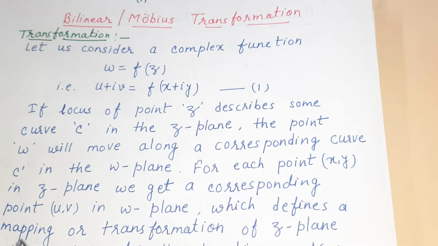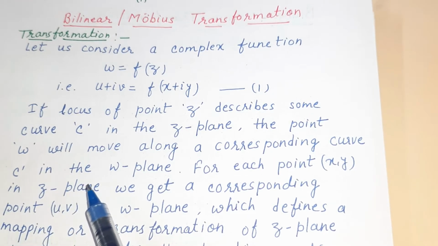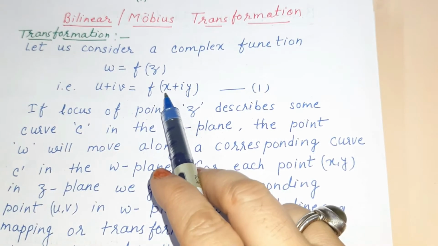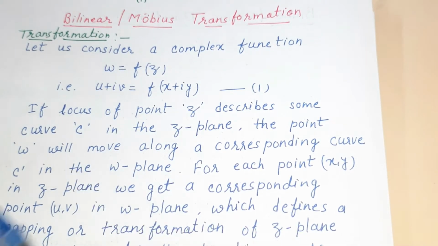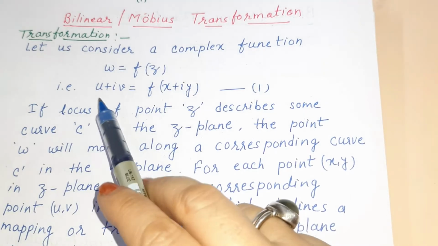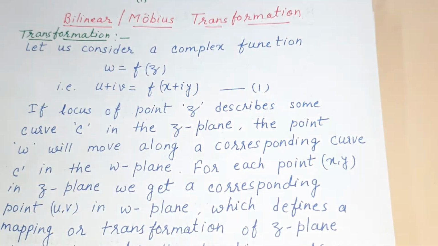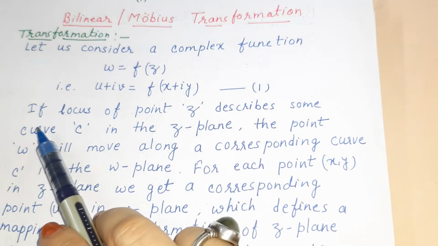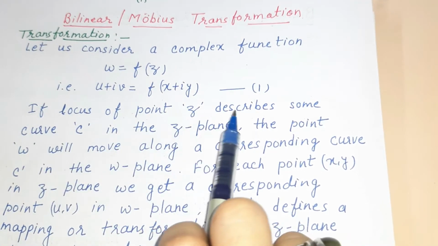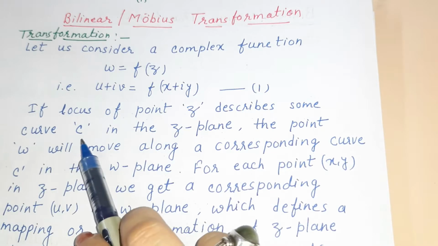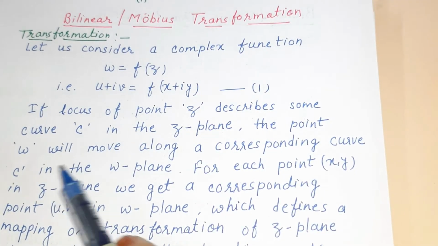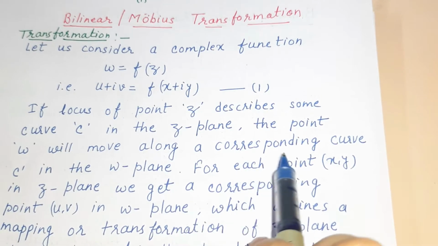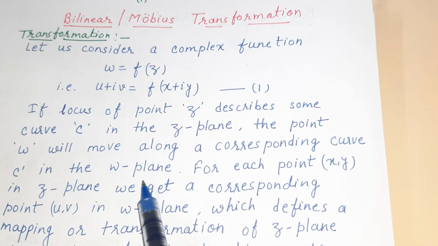So what we do, we take two complex planes. One plane is the z plane for the function z = x + iy, and the other is the w plane for the function w = u + iv. Now see, if the locus of point z describes some curve C in the z plane, the point w will move along a corresponding curve C' in the w plane.